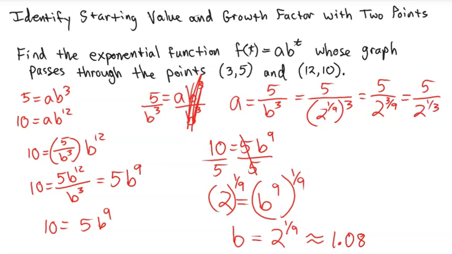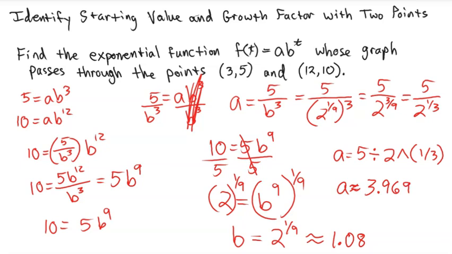This we can key into a calculator as, so a is equal to 5. Then we hit the divided by button. Okay. Then we can do 2 to the power of parenthesis 1 over 3. Okay. So let's do that in the calculator. And I get a is equal to 3.969, or approximately equal to 3.969.